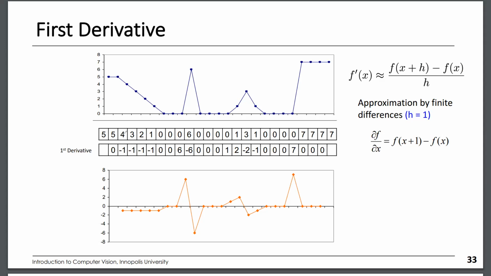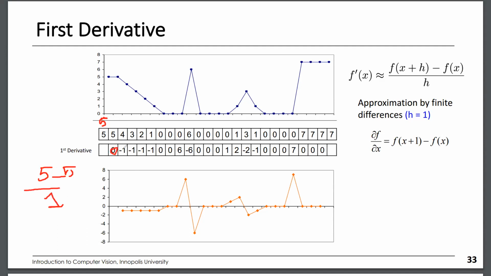Oh, sorry, the forward method, yes. So f of x is 5 and f of x plus h is 5, right? So this 5 minus 5 divided by 1 gives you 0.